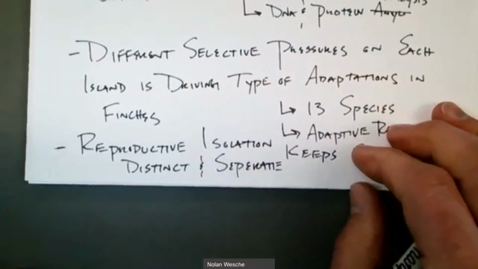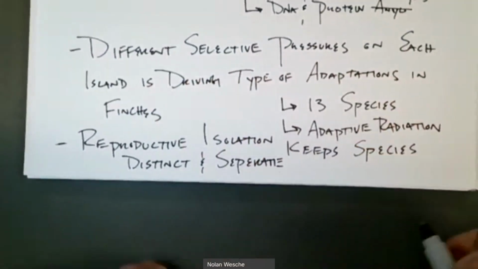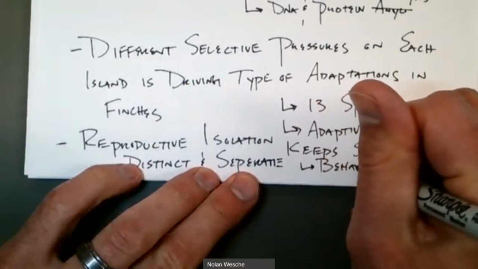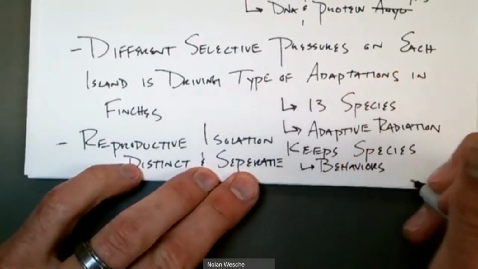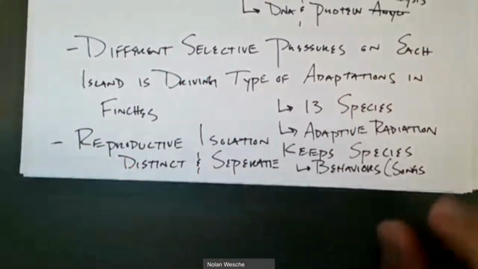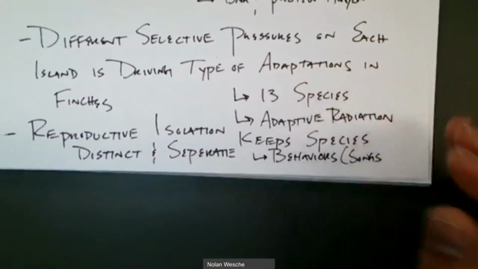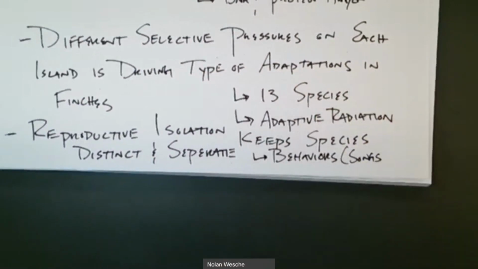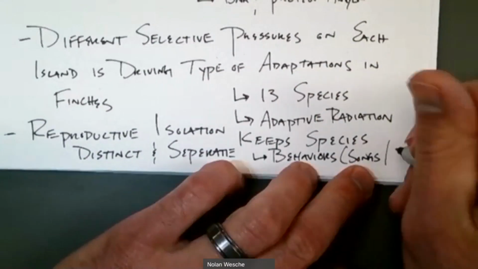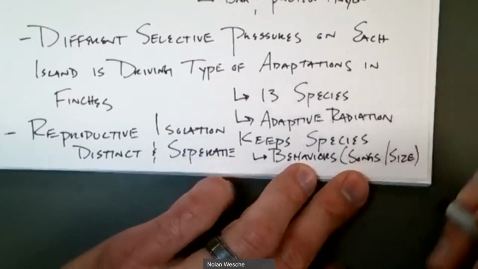So we'll look at a couple of different examples of this, but we see that there are certain mating behaviors, like the songs that the individual finches have, that now the medium ground finch will no longer breed with the large ground finch because their mating songs are different. And also the size has an effect.